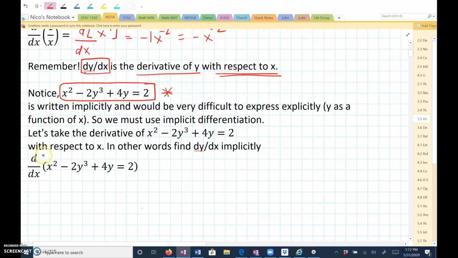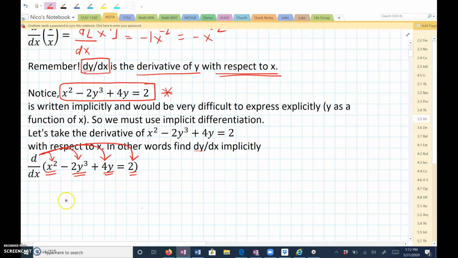You're taking the derivative of each one of these with respect to x. This one is with respect to x. This one is not with respect to x, that's with respect to y. Same with this one. And this one's a constant.